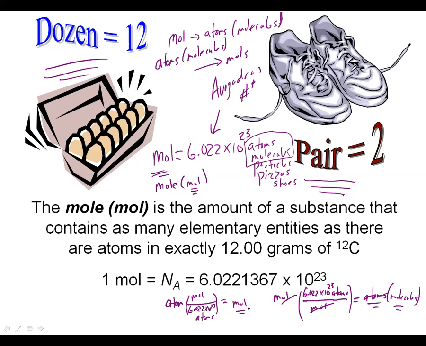You should only use Avogadro's number whenever you're asked to convert a number that is already in atoms, molecules, particles, something like that. Or if you're asked to find an answer that needs to be in atoms, molecules, or particles, or some number like that. You should not use Avogadro's number in every calculation. It does need to specifically have those numbers in there.